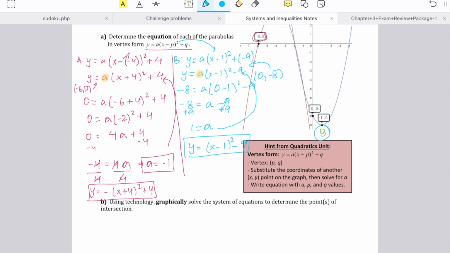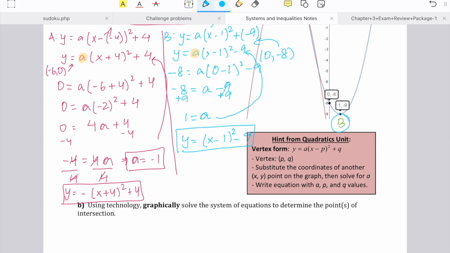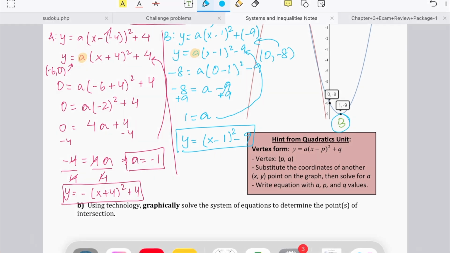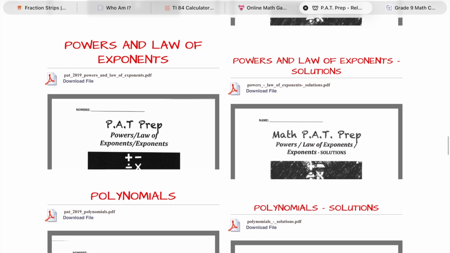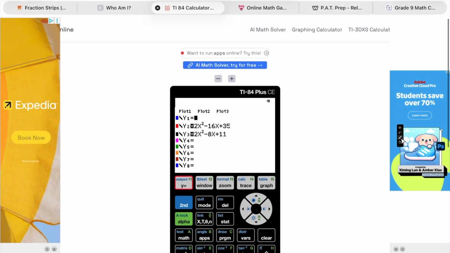So now we need to use technology to figure out what the solution of the system of equations is. If you were to solve it using algebra, you could have done either substitution or elimination. But let's go ahead and use a graphing calculator for this. So let me just refresh my page.